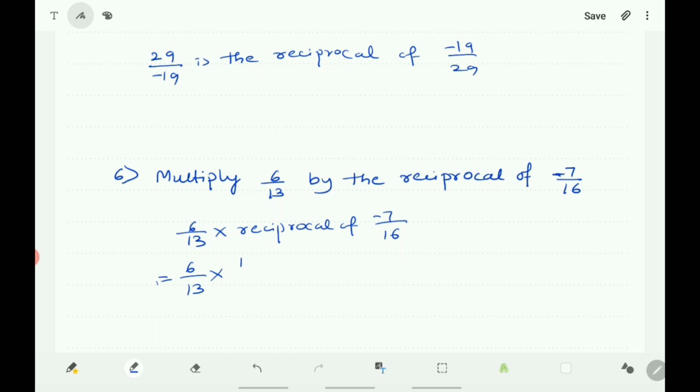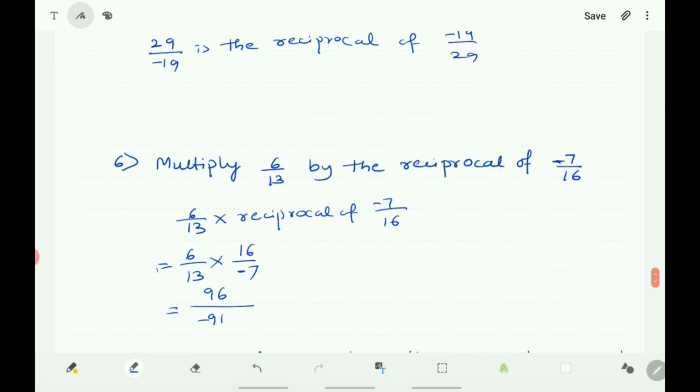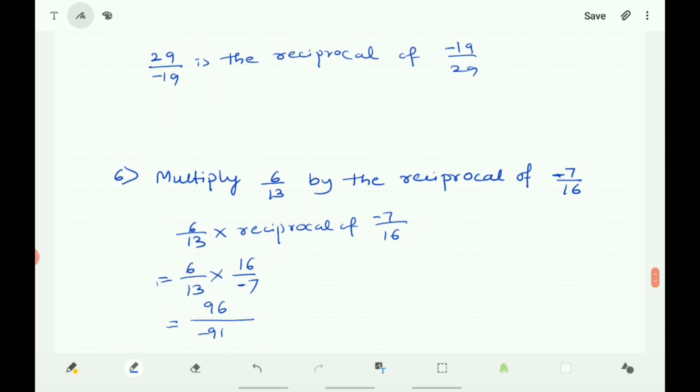You know the reciprocal of minus 7 by 16 is 16 by minus 7, and the product you get is 6 times 16, which is 96, over 13 times 7, which is minus 91. So the product is 96 by minus 91.